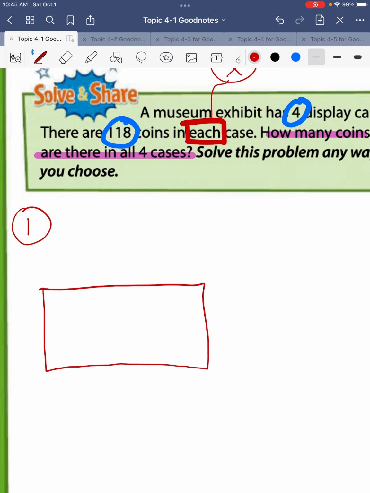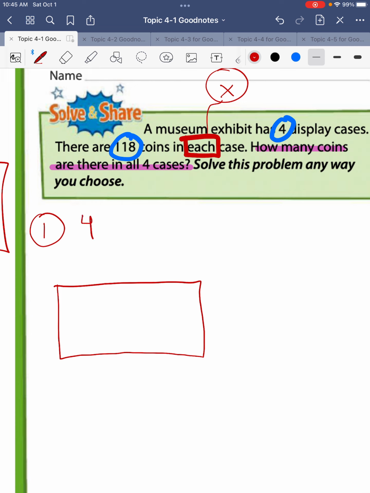So I'm going to be multiplying 4 times 118. Okay, so back to my box. I divide my box in sections based on how many digits are in 118. There are 3 digits. 1, 2, 3. Okay, so I'm going to make 3 sections. 1, 2, and then 3.